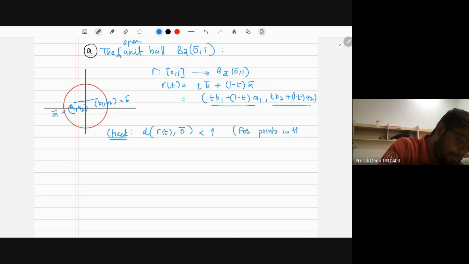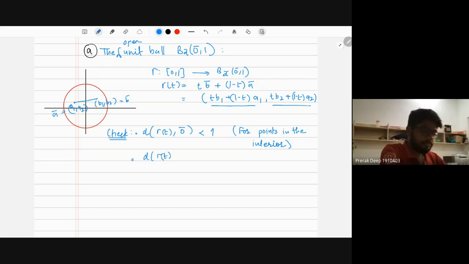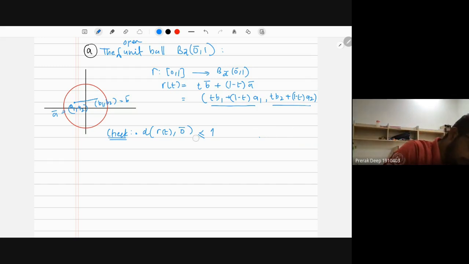This condition we will check for the points in the interior, and anyway, we need to check that condition only, or it can be equal to 1. So don't worry, the same equation will work. Okay, let me write it this way. And in the B case, you need to check this condition, right?